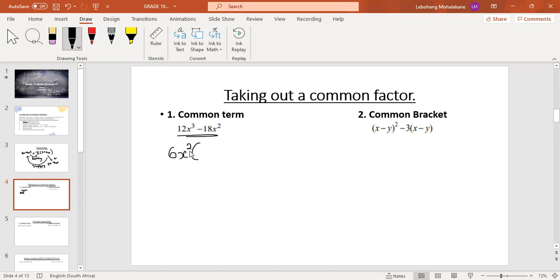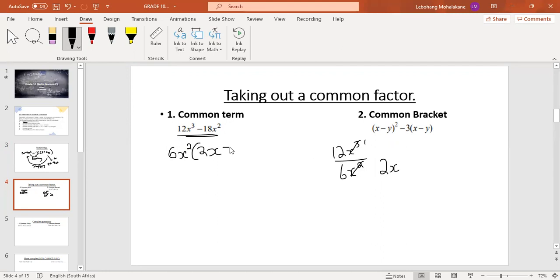So you're going to have 6x squared. When you're taking out a common factor, you act as if you are dividing. So if I divide x cubed by 6x squared, this is going to cancel that, so I'm going to have a single x, and then 12 divided by 6 is 2, so 2x.